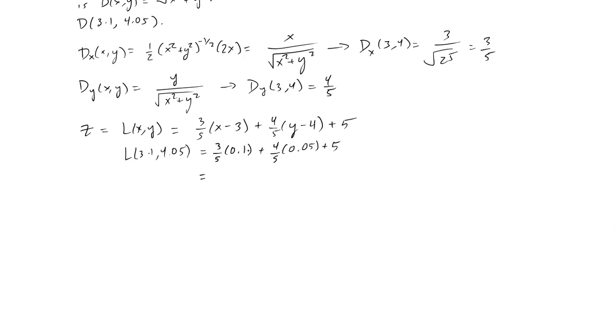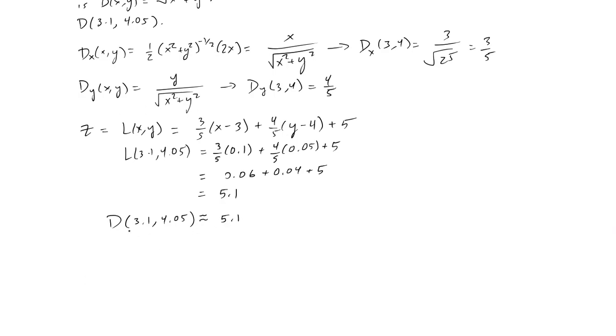And 3/5 of 0.1 is 0.06. And 1/5 of 0.05 is 0.01, times 4 is 0.04. So this adds to 0.1, so it's going to be 5.1. And so the conclusion is that the distance between the origin and this point, 3.1, 4.05, is approximately 5.1.